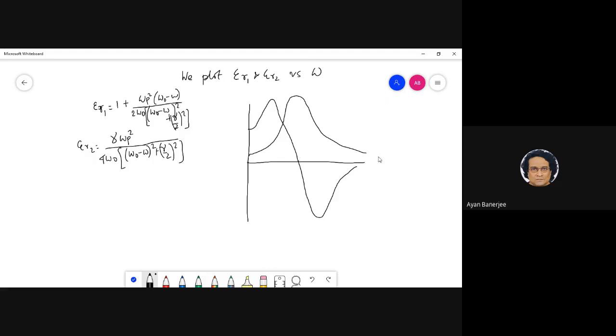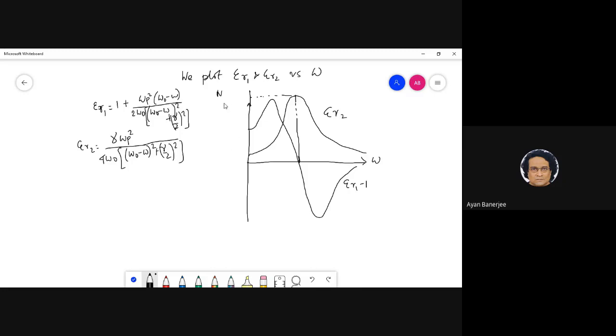So this one I am plotting is epsilon R1 minus 1, and this is your epsilon R2. Here this is of course omega, and this is essentially the epsilon amplitudes. By the way, we should write down this point.